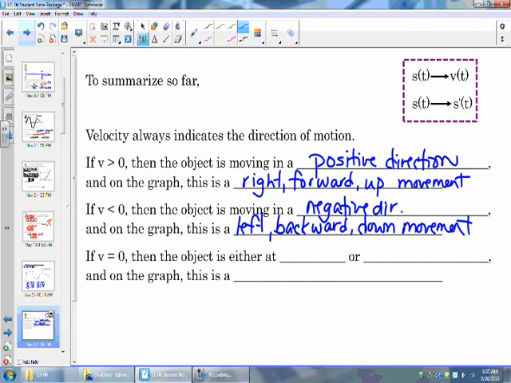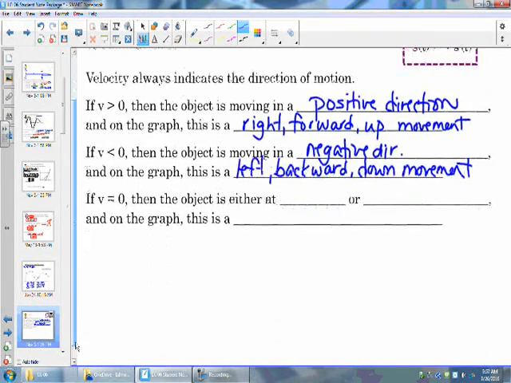If the velocity is equal to 0, think about what that would look like on your graph. Velocity is a slope. So if I have a velocity equal to 0, well, that must be a maximum or a minimum, right? Because my slope is therefore going to be a 0.